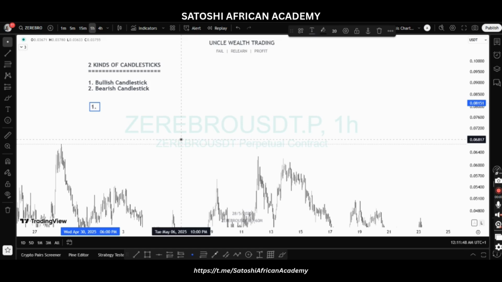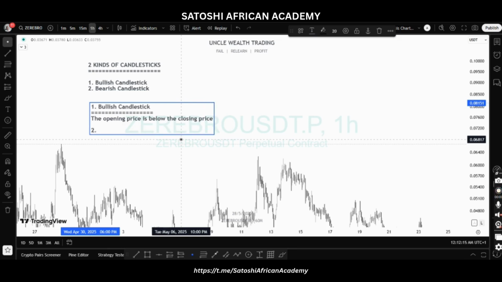For a bullish candlestick, what distinguishes it is the opening price is below the closing price.